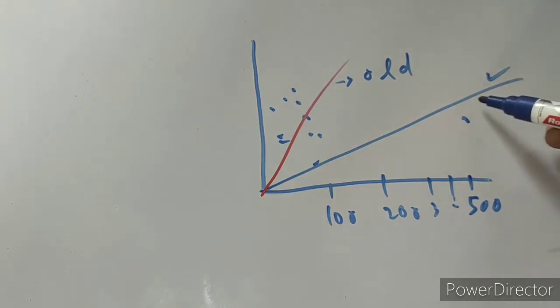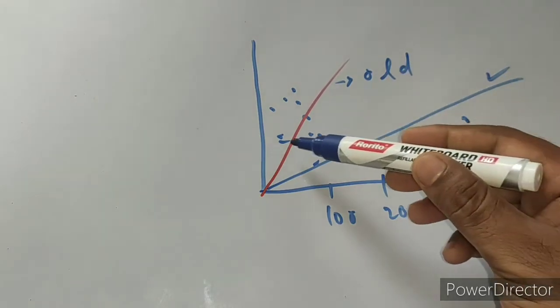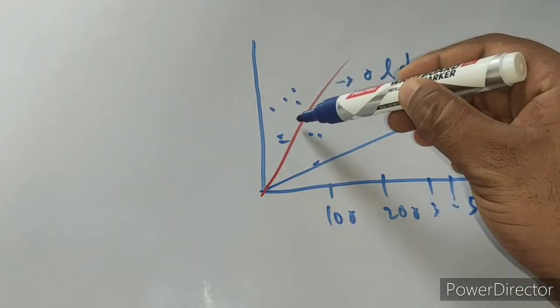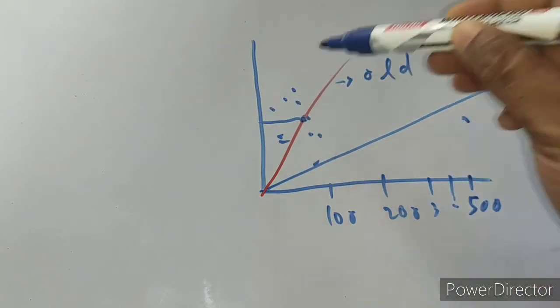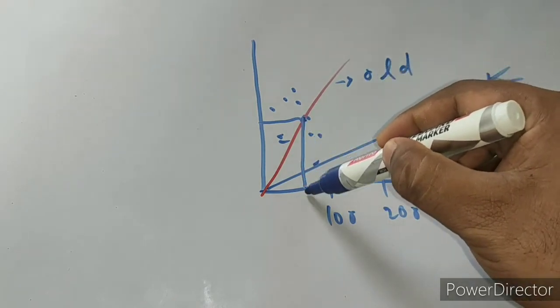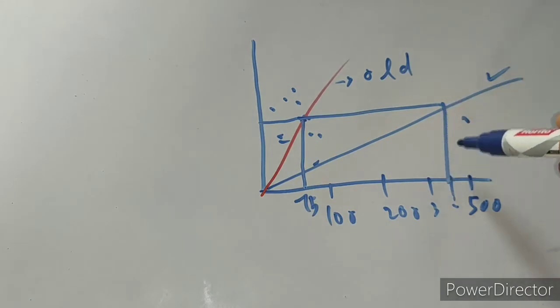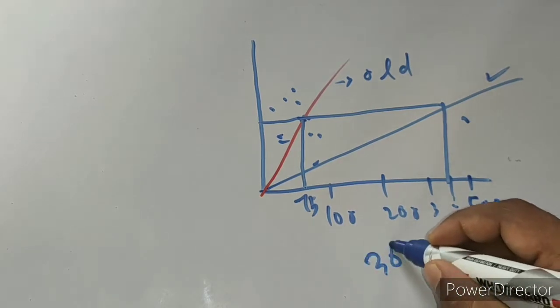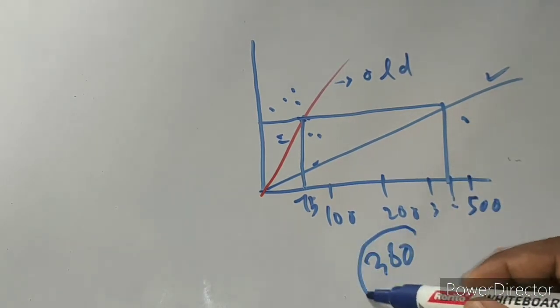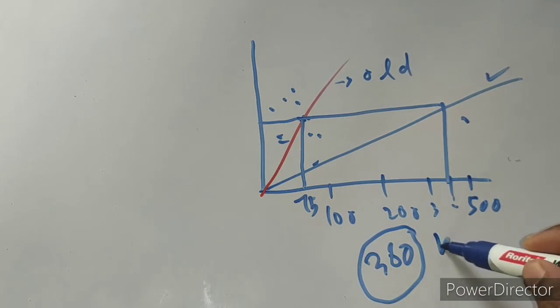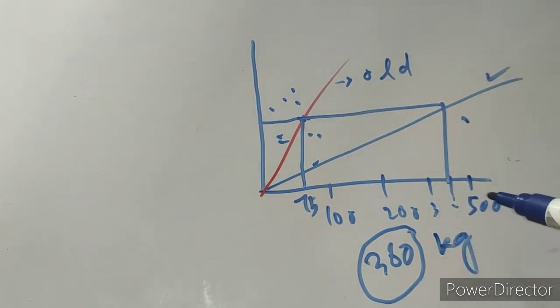So definitely the value which was considered as 75 here, if we extend it here, is something more than 300, some 380. So now 380 kg is the benchmark for being obese.